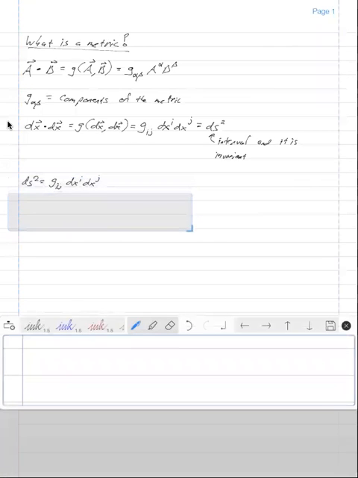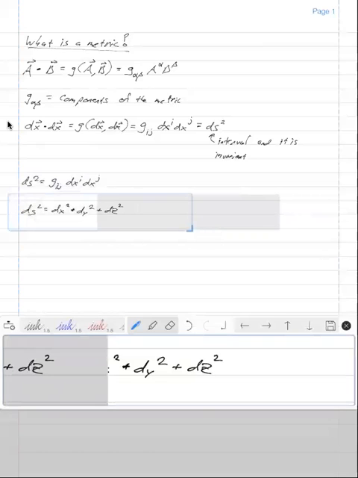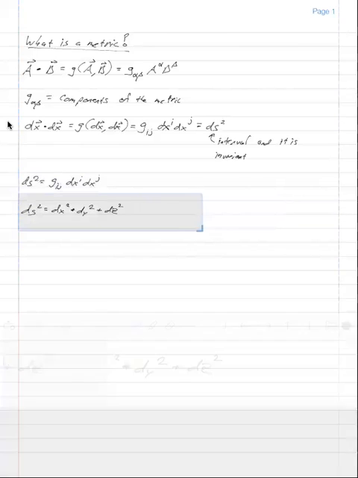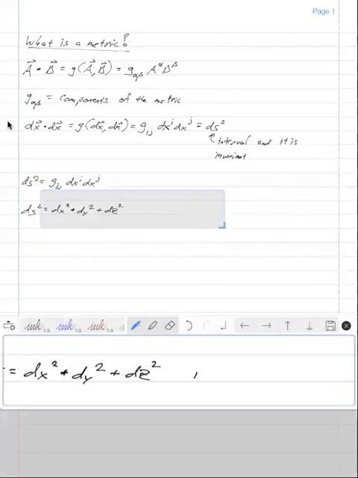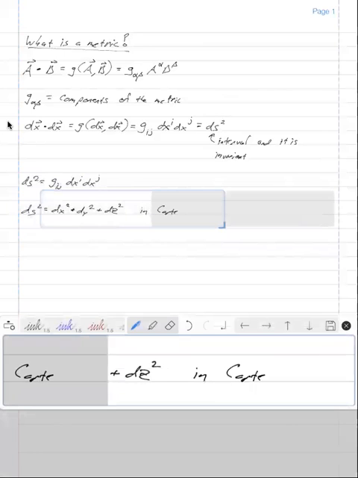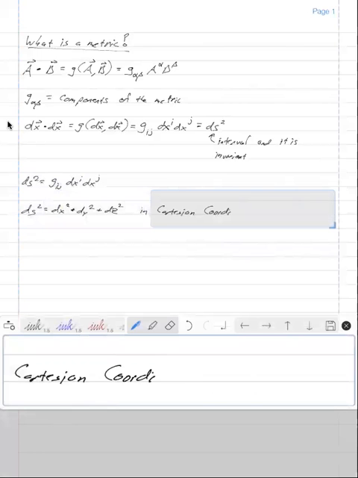Well, you may know from the Pythagorean theorem, ds squared is dx squared plus dy squared plus dz squared. And this is in Cartesian coordinates.